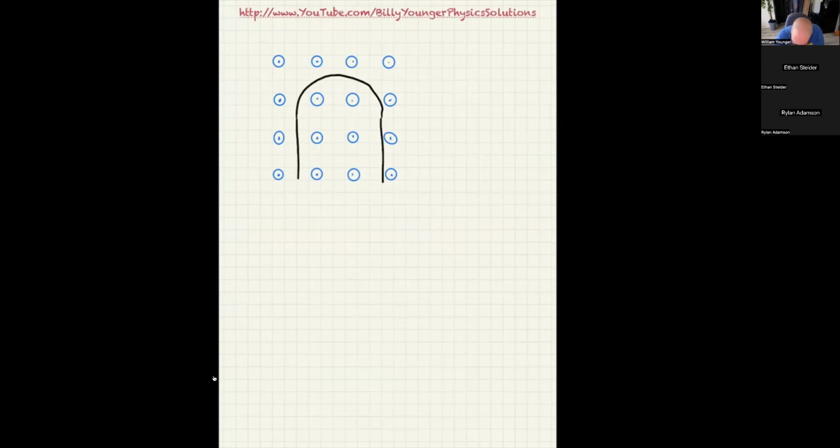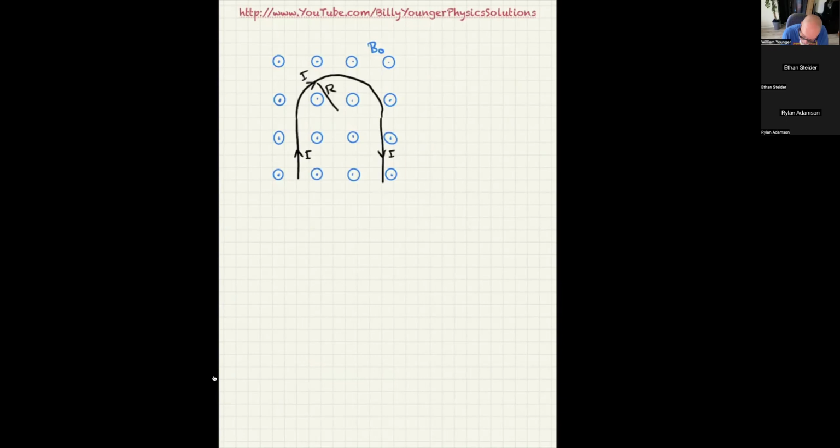And then like this, the current I is going that way, and therefore it's going that way, and therefore it's going that way. What I'd like to know, if this radius right here is R, and this magnetic field is B0 in strength, is what is the total force on this piece of wire?